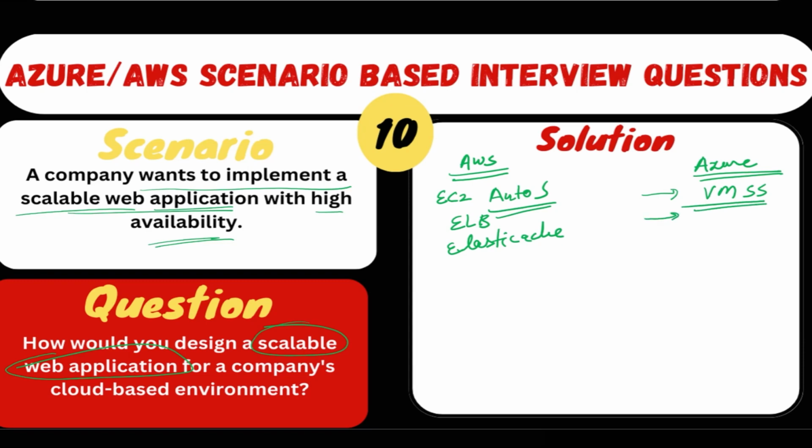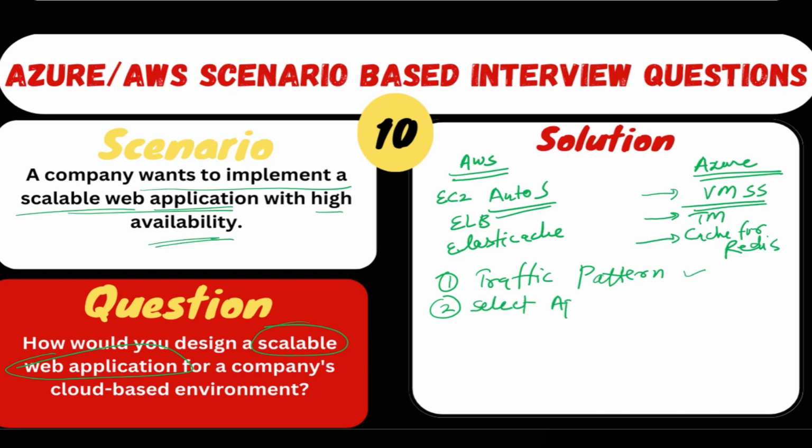So guys, to understand the solution, the first step in designing a scalable web application is to identify the application's performance requirements and expected traffic pattern. We would then select the appropriate compute instance such as AWS EC2 Auto Scaling or Azure Virtual Machine Scale Set to meet these requirements. Once we have identified the configuration and set up the virtual machines, we would use the services called AWS Elastic Load Balancing or Azure Traffic Manager to distribute traffic across multiple compute instances for high availability.